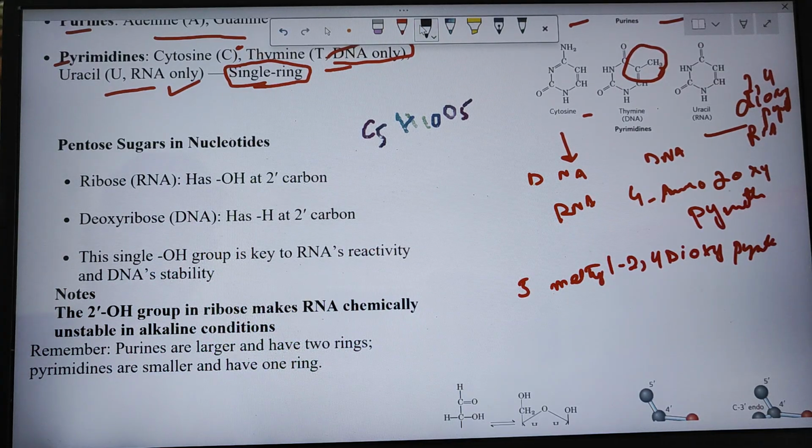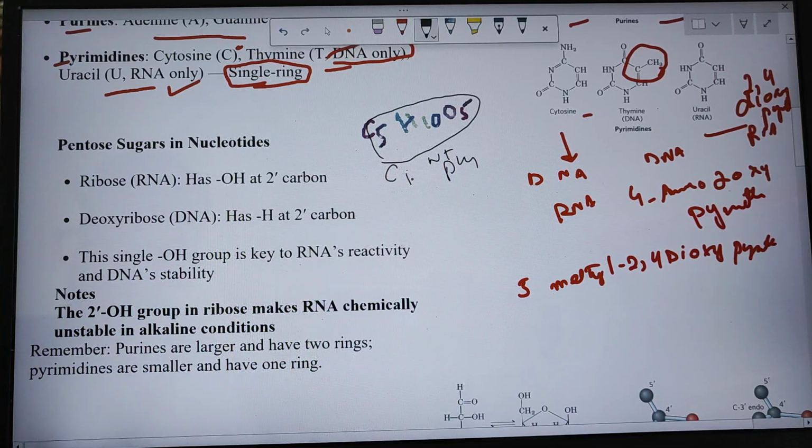And also an important point to remember here is that this sugar molecule connects the nitrogen base at the carbon number 1 and the phosphate group at the carbon number 5. So this pentose sugar acts as the base on which the nitrogenous bases and the phosphate groups are added.